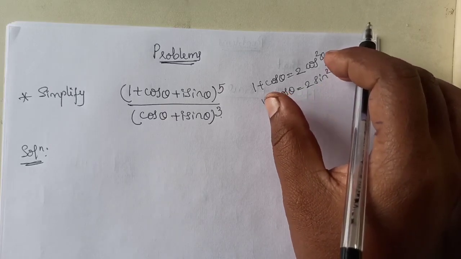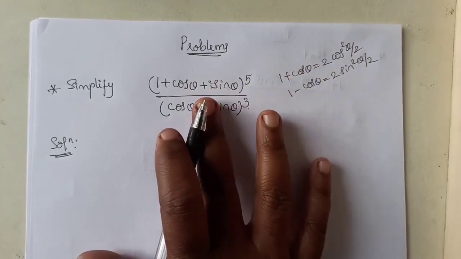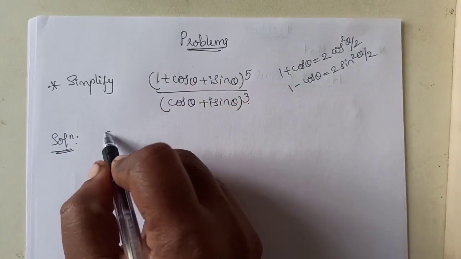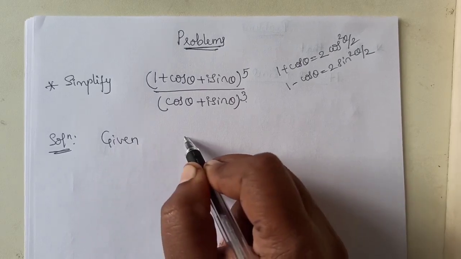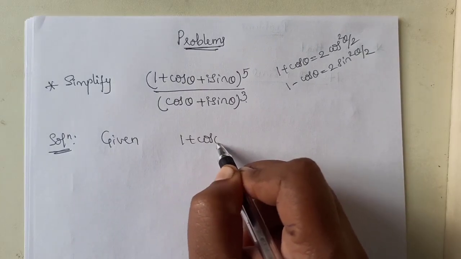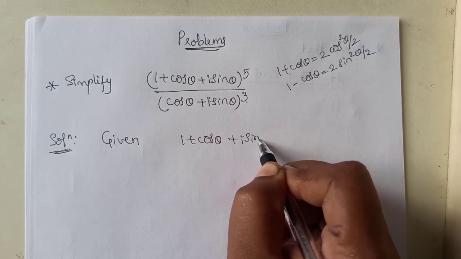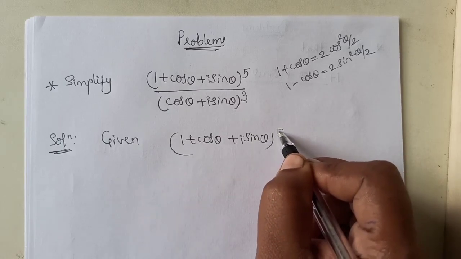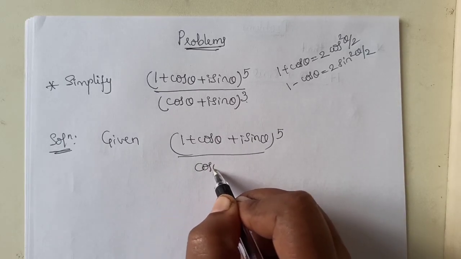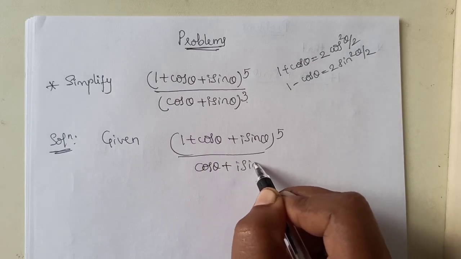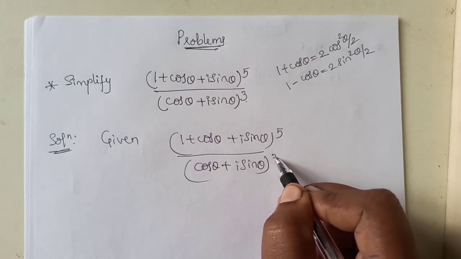We use these formulas to simplify this. So the given expression is (1 + cos θ + i sin θ)^5 in the numerator and (cos θ + i sin θ)^3 in the denominator.